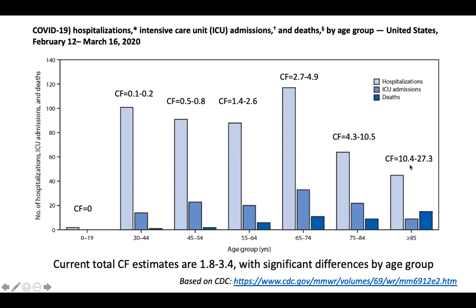For your 85 and older, 10 to 27% of those who were tested and tested positive for COVID-19 died from it. So really wide variation in case fatalities, especially with respect to age, that we're seeing so far.